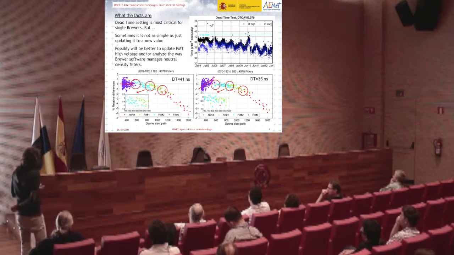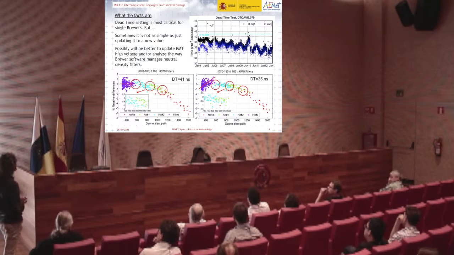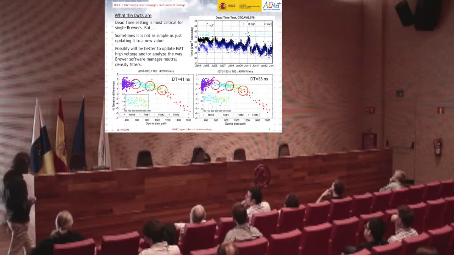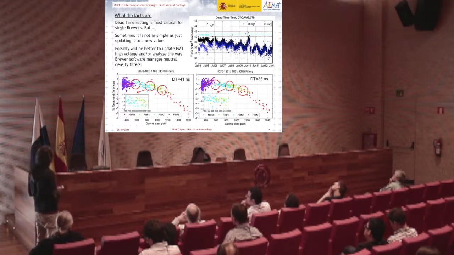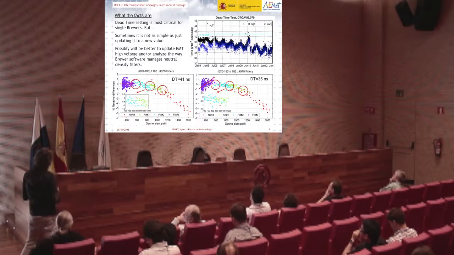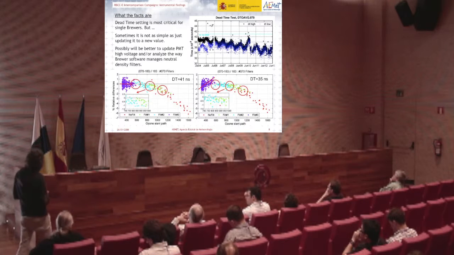So I think that the better possibility will be to update the PMT high voltage in cases like this. We see that the dead time is increasing maybe because of PMT aging, or I don't know. And analyze also the way that Brewer software manages the neutral density filters.